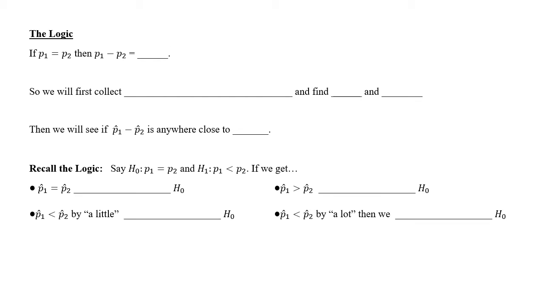So let's see how we structure the argument here. Suppose we have two proportions, P1 and P2. If they're equal to each other, then the difference between them will be equal to 0.